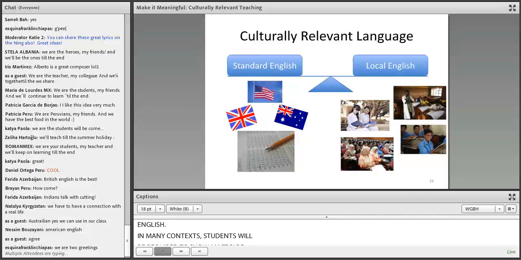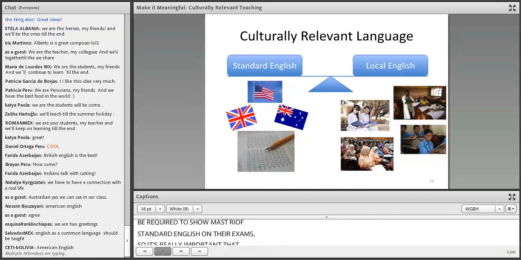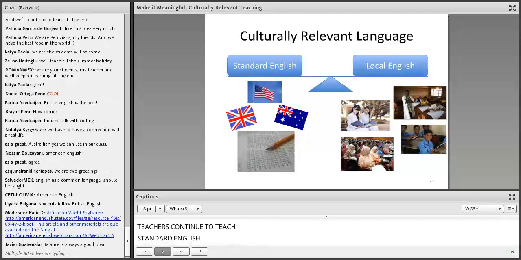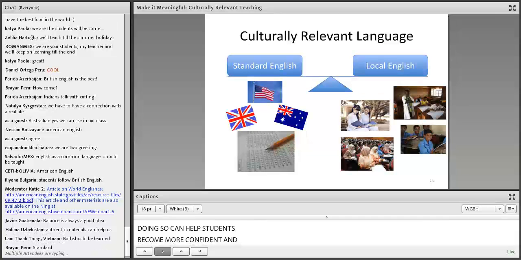So it's really important that teachers continue to teach standard English. But I suggest that teachers balance this by supporting the use of local English as well. Doing so can help students become more confident and motivated to learn. It also helps students build their linguistic awareness and learn about their own culture.